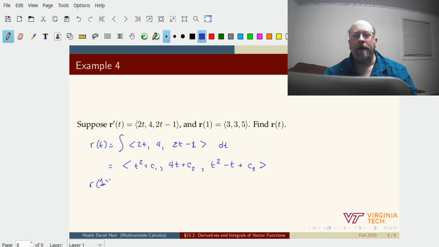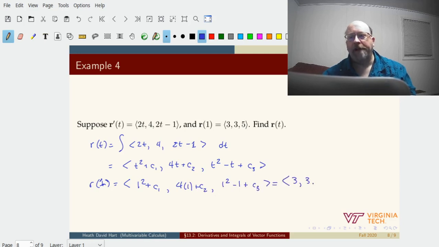At time 1, r of 1 is equal to 3, 3, 5. So 1 squared plus c1, 4 times 1 plus c2, and 1 squared minus 1 plus c3 adds up to 3, 3, 5. And so 1 plus c1 is 3, so c1 is 2. 4 plus c2 is 3, so c2 is negative 1. 1 minus 1 is 0. 0 plus c3 is 5, and so c3 is 5.